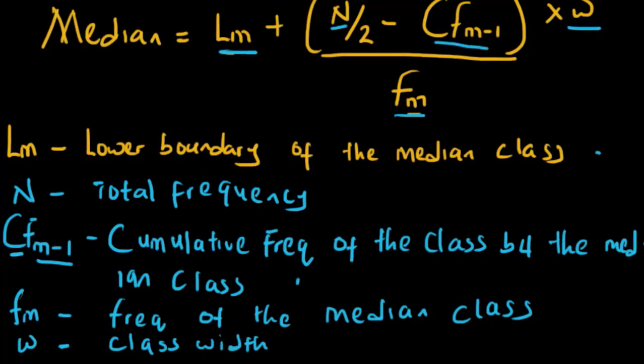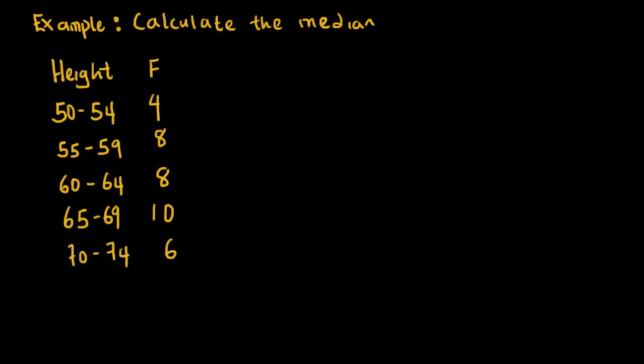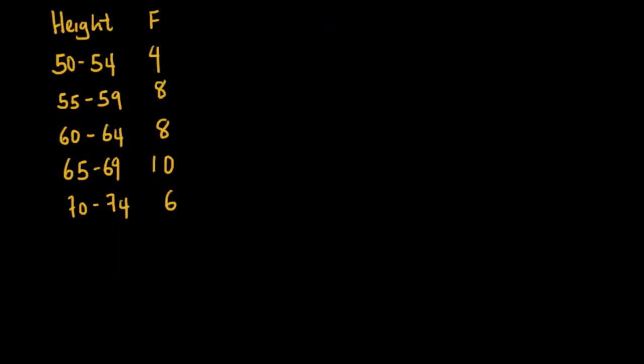Now, I think the best way to see this formula in action is to take an example. So let's take an example. Calculate the median. We have height 50 to 54, 55 to 59, 60 to 64, 65 to 69, and 70 to 74. And frequency, we have 4, 8, 8, 10, 6. Now the first thing we are supposed to do is to write the formula.